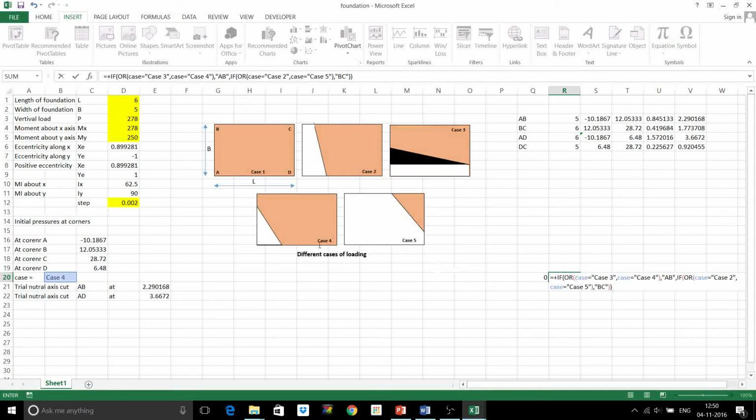For 3 and 4, y will be intercept. And if 2 and 5, y will be 0. No, b.